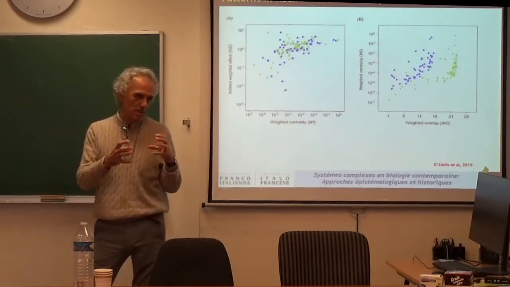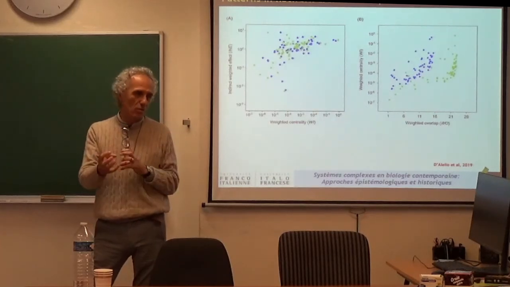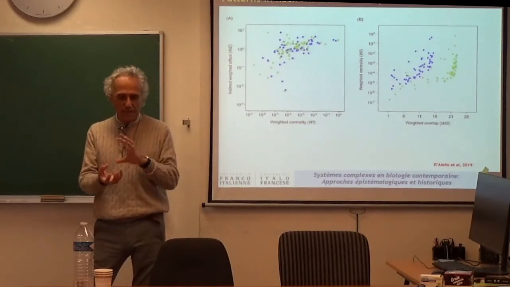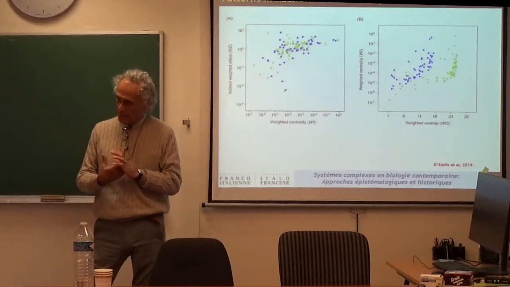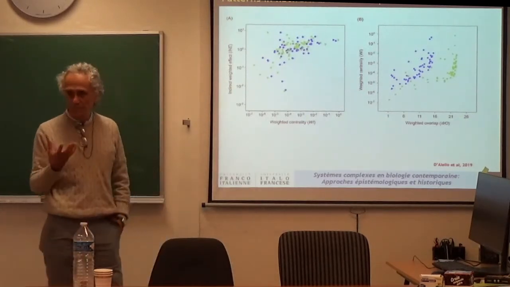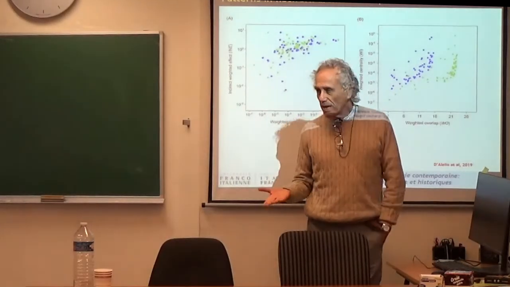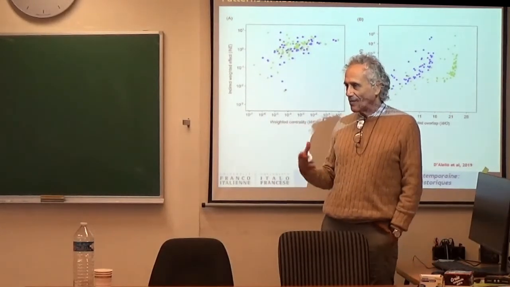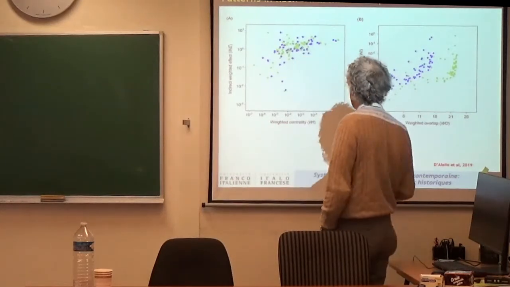Same network with modular structure, some modules respond positively, some other modules respond negatively, which means that there is also there a rewiring of the network. So this is something that we are working on, and any kind of suggestion would be very appreciated.